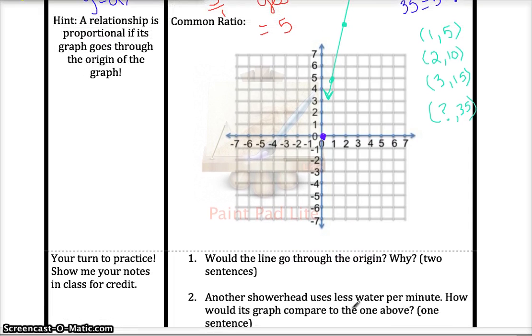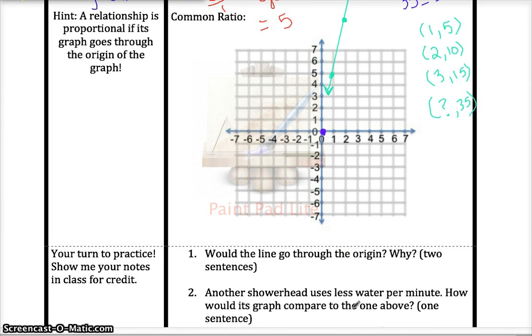And then on number 2, this one is saying that another shower head, maybe another brand, uses less water per minute, and it's asking how would its graph compare to this one above. So how would the graph of a shower head that uses less water per minute compare to this blue line that we drew up here?